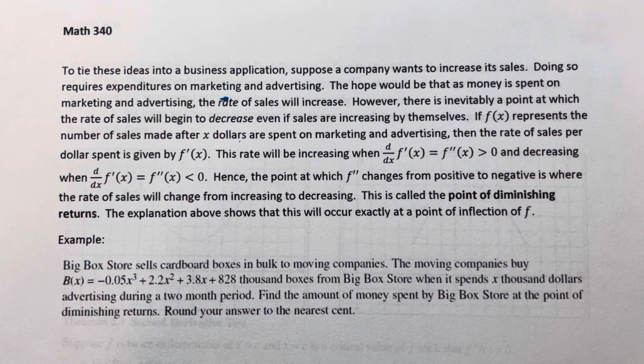My sales are still increasing, but at a slower rate than they were the previous week. So that's what we would interpret as a negative or a decreasing rate of sales.